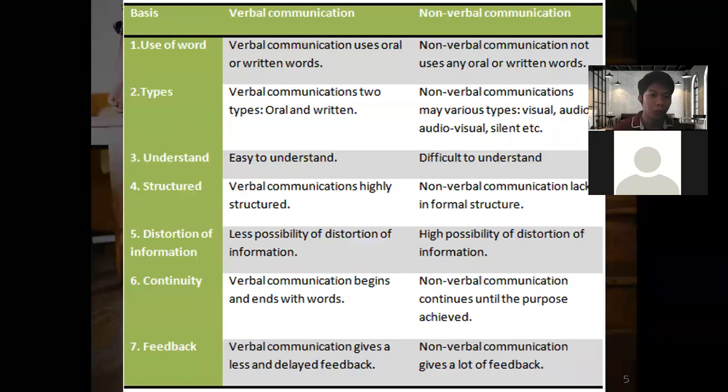Verbal, you use words, either written or oral. Nonverbal, you do not use any words, either oral or written. So types of communication: in verbal, oral and written. But in nonverbal, you can use visual, audio, or a combination of visual and audio. And even your silence may mean something.